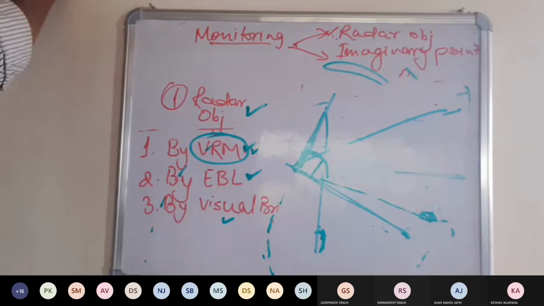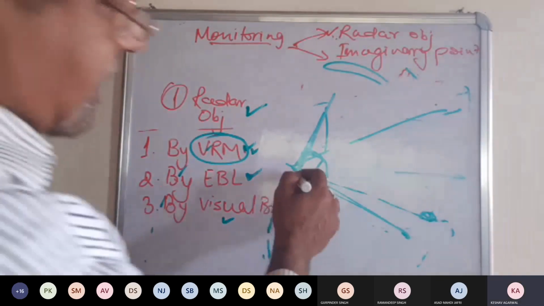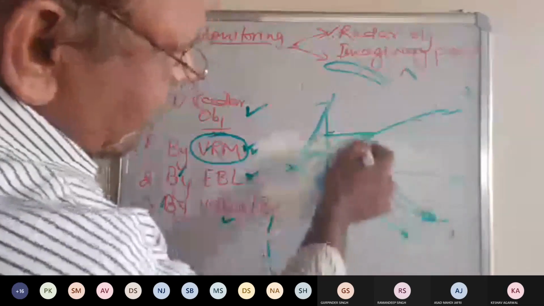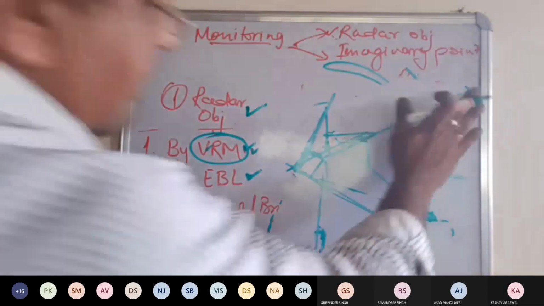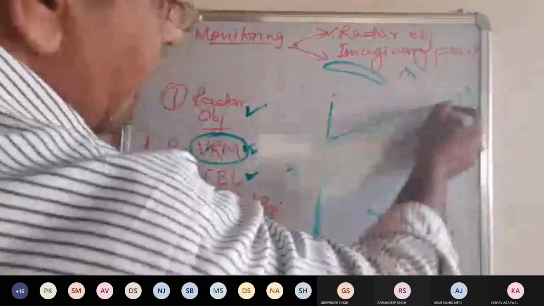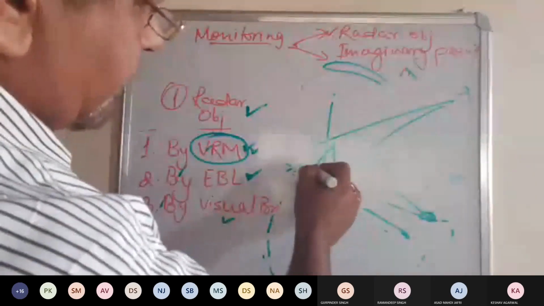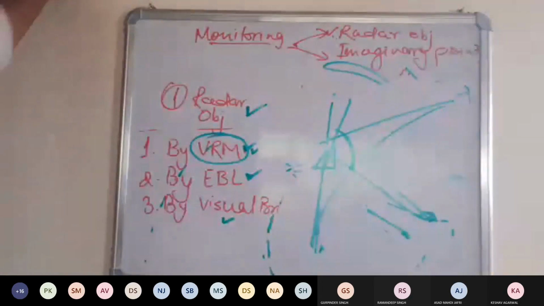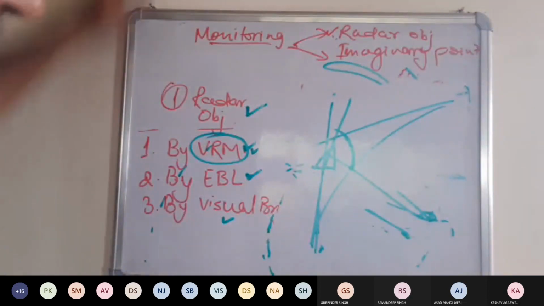What is the situation? The rate of turn has become more. Rate of turn is more, we have turned this way, and therefore this is reducing. If we were going out of the turn, then it would become more than 90 degrees. Is that correct? Yes, sir.